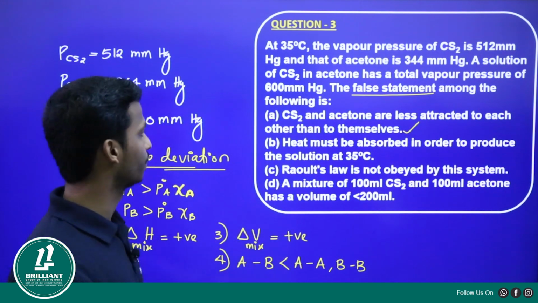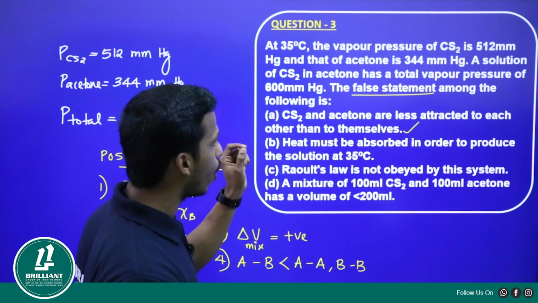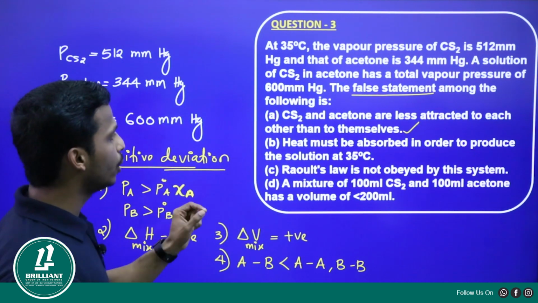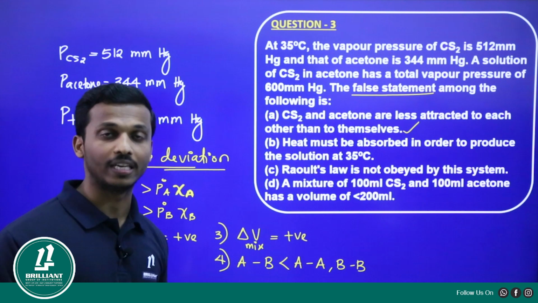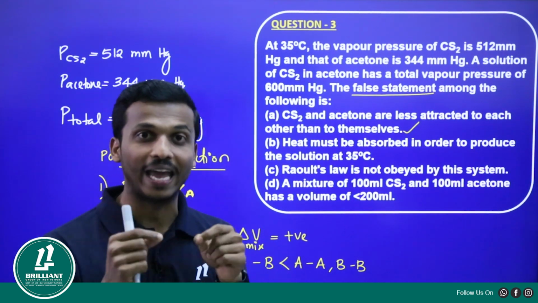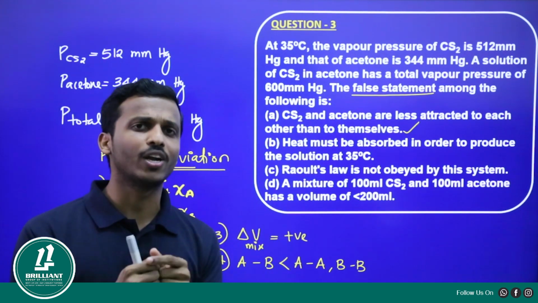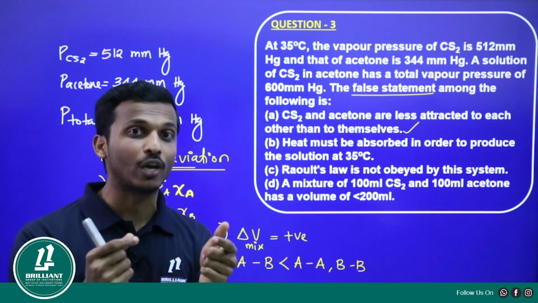Question: which is false? Option B, heat must be absorbed in order to produce the solution at 35 degrees Celsius. Heat must be absorbed. See, a heat absorbing process is called an endothermic reaction, right? When it becomes endothermic, you know, delta H value is positive.